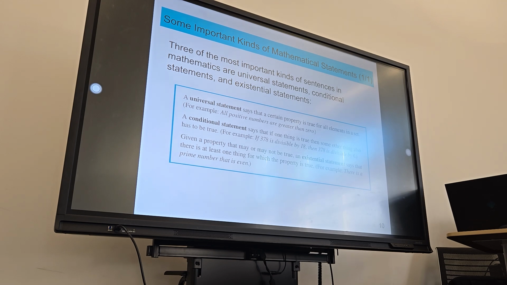A conditional statement: if one thing is true, then some other thing also has to be true. Like, if a number is divisible by 4, then it's also divisible by 2.